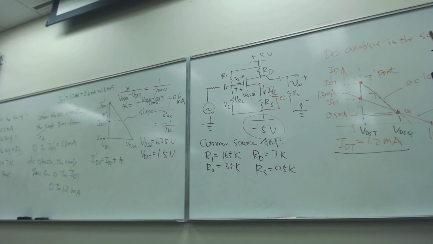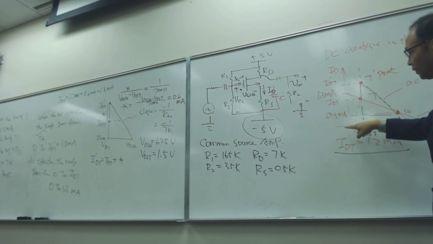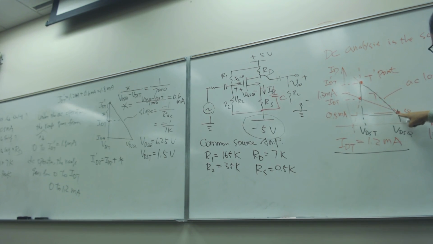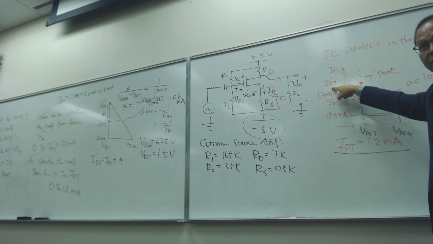What is the best Q point you can have? Where is it? In the middle of IDT prime and 0, right? So therefore, the best location for the Q point will be 1/2 of IDT prime.